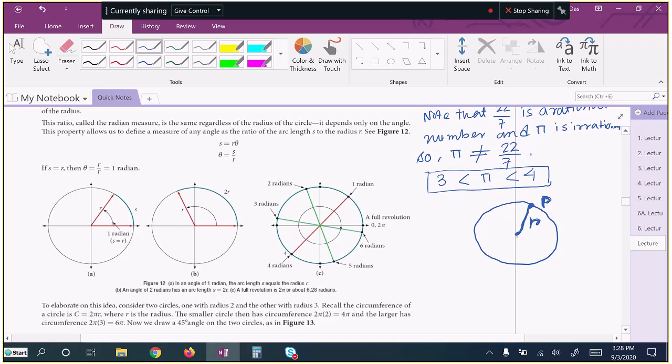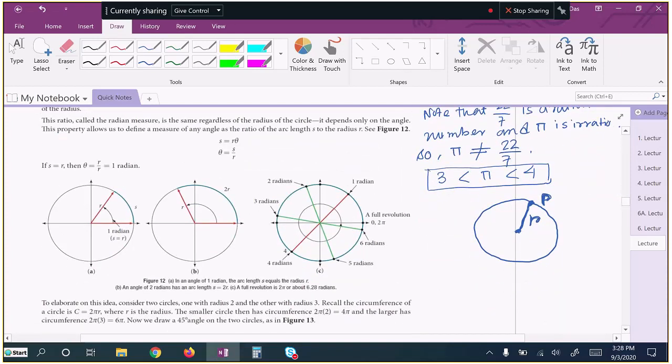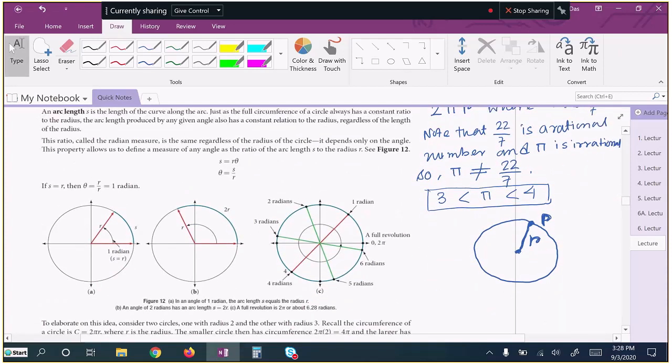How much distance have you walked? The length of the outer periphery of the circle is the perimeter of a circle, and it is given by the formula 2 pi r. We will start with this formula and manipulate it to generate the formula for arc length for any specific given angle.